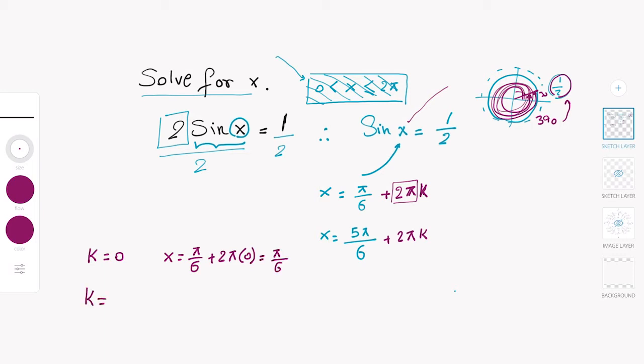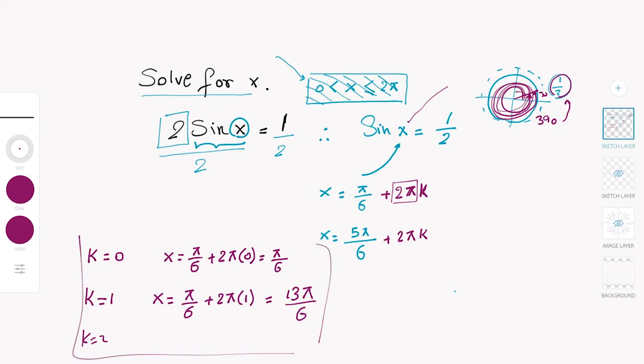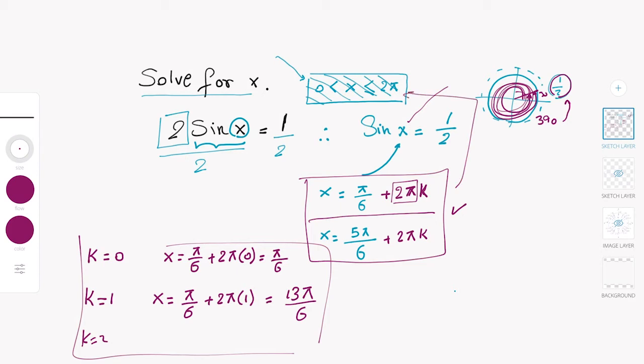When k equals 1, we have x equal to pi over 6 plus 2 pi times 1, which gives us 13 pi over 6. And k equals 2, same thing. So we don't need to list them, we just give them a package like this. And this is the final solution. So we add 2 pi k if we don't have any domain.